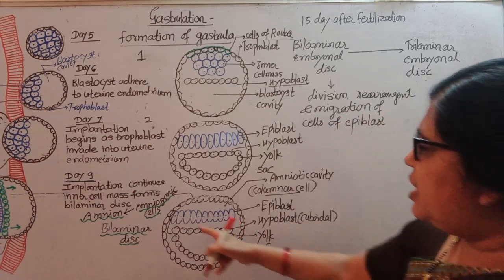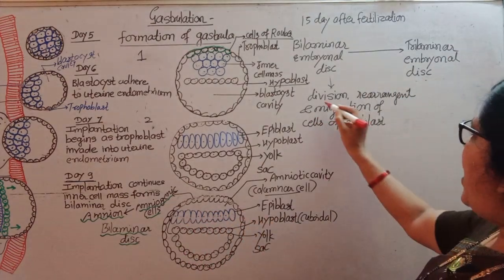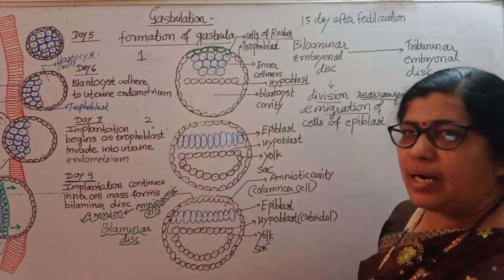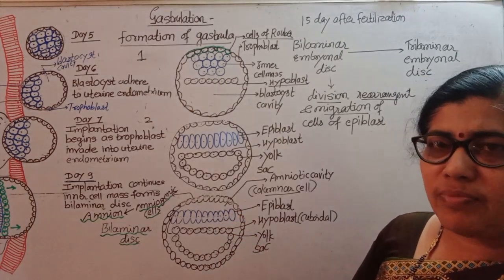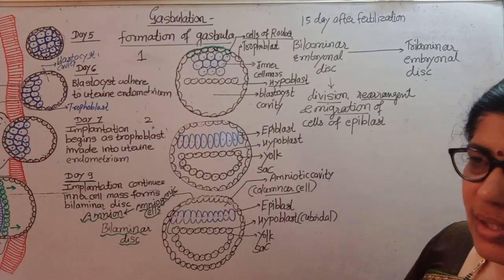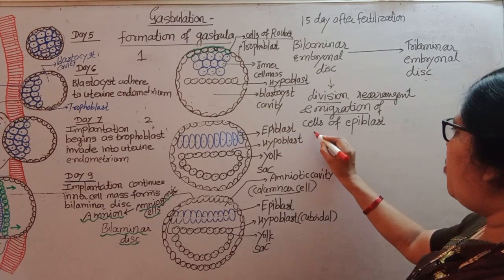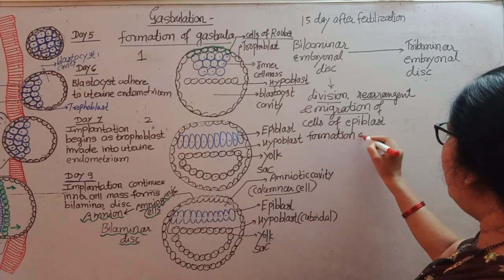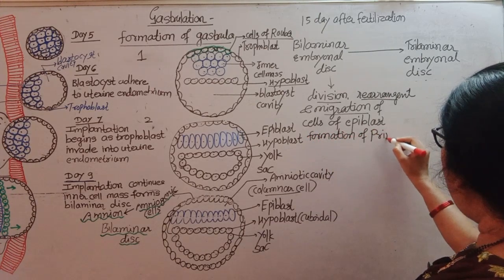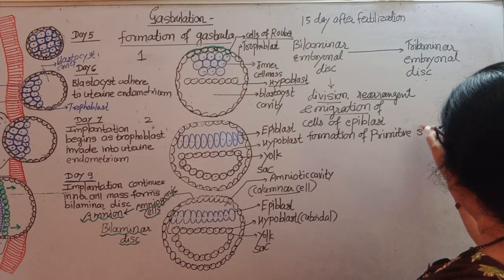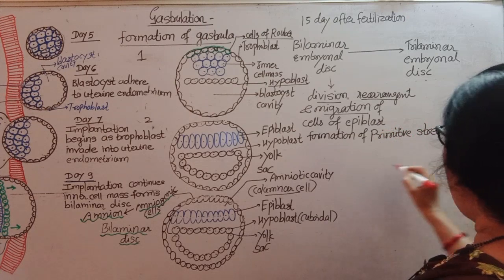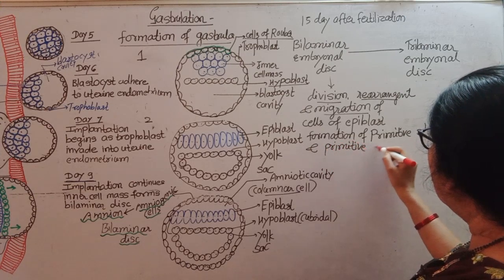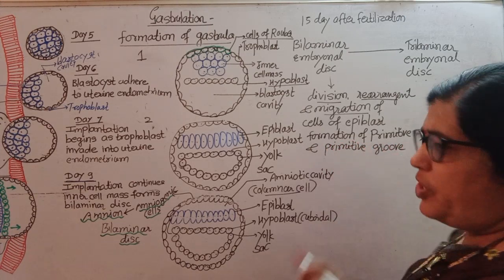So cells which are present in the epiblast divide, rearrange and migrate, and then bilaminar embryonal disc will transform into trilaminar embryonal disc, and it begins with formation of primitive streak and primitive groove.